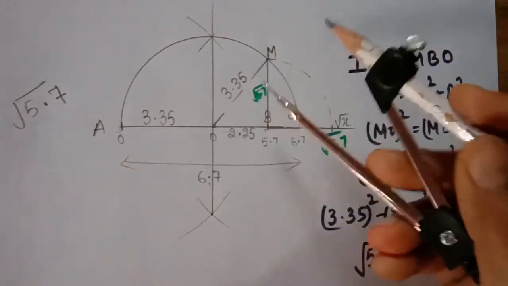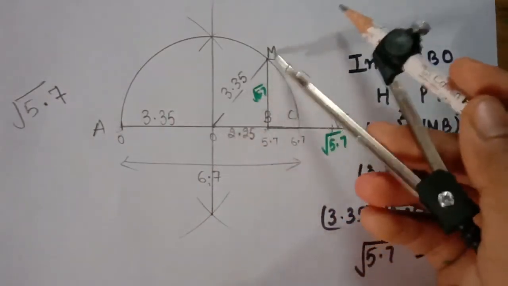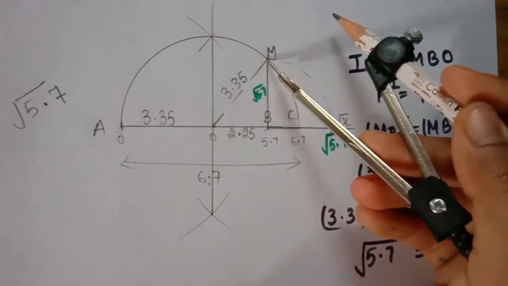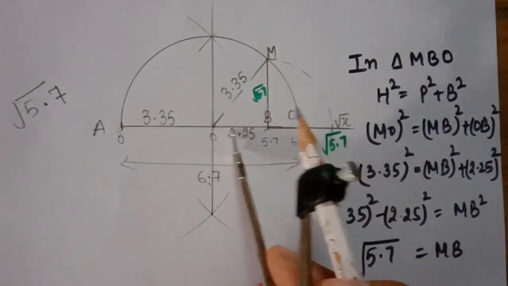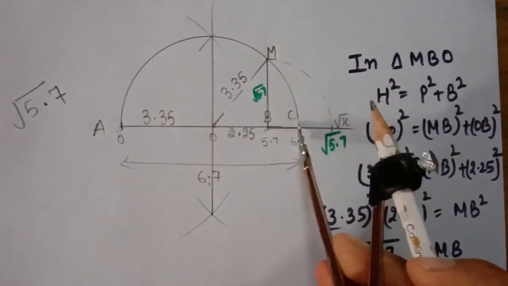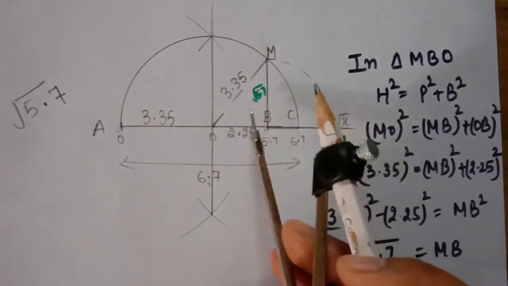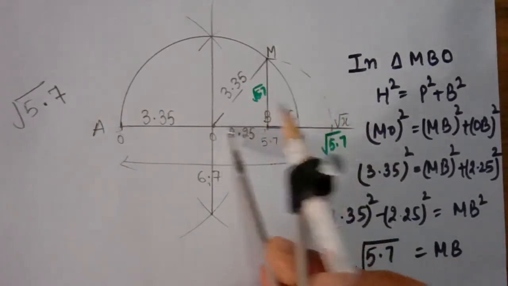This is our radius, so this is also equal to 3.35 because it touches the center and the circumference of the circle. This is also a radius, equal to 3.35, and this is 1 unit. So after subtracting this 1 unit from 3.35, it becomes 2.35.